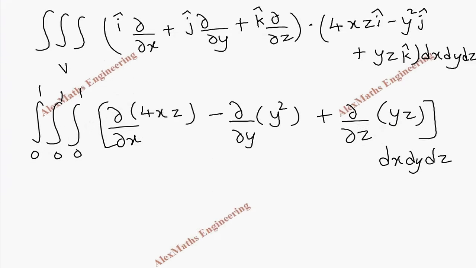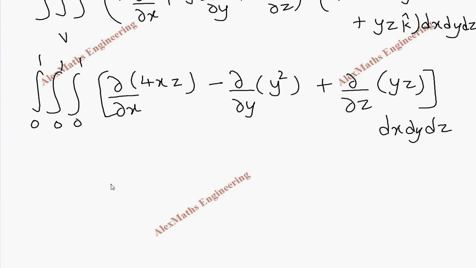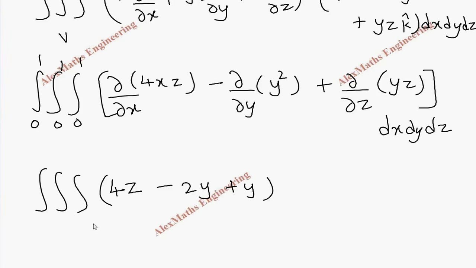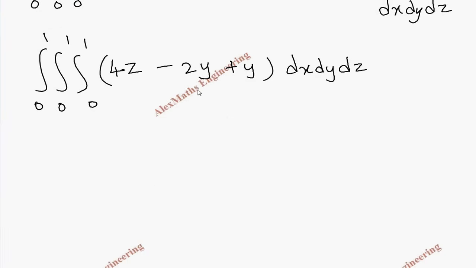So partial derivative with respect to x, it means 4z, constant, which will stay as it is, minus 2y, and the last term, partial derivative with respect to z, will be plus y, and we have triple integral. Everything is having the limit 0 to 1. This is dx, dy and dz.